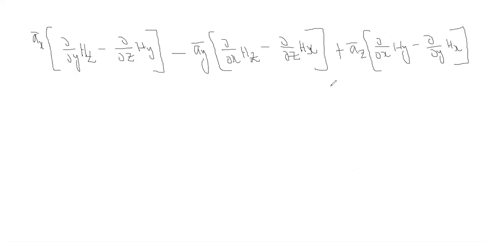And this equation is equal to the right hand side, dou by dou t of the D term, where D bar is Dx ax bar plus Dy ay bar plus Dz az bar.